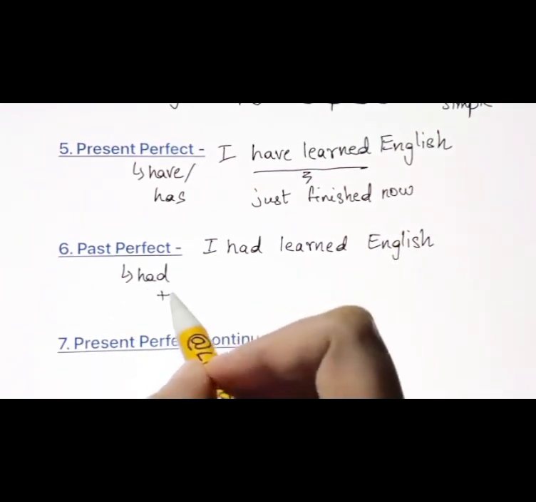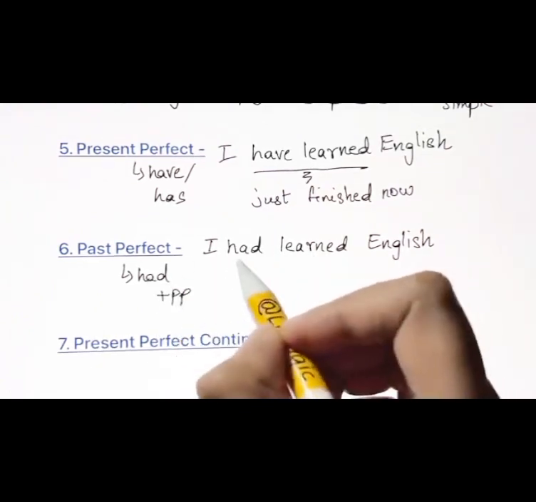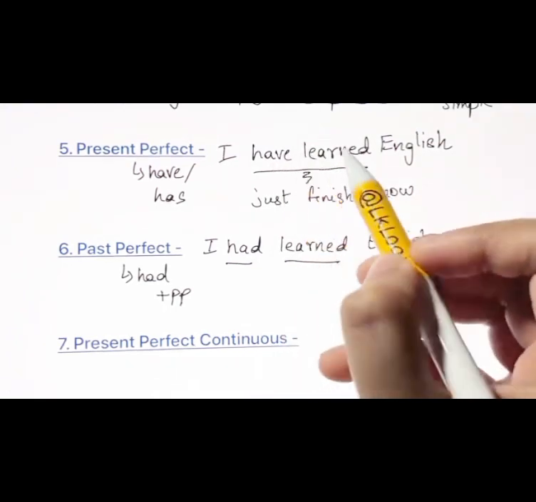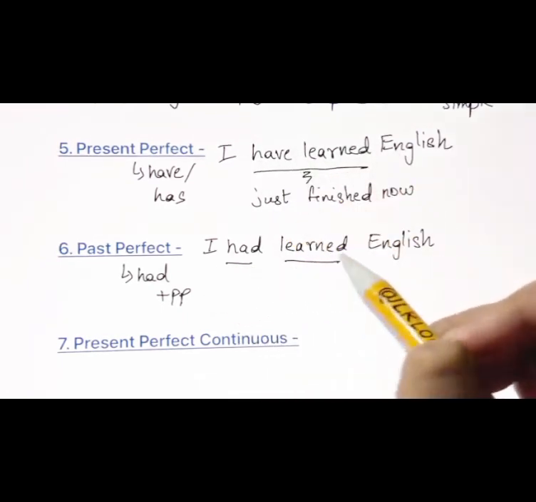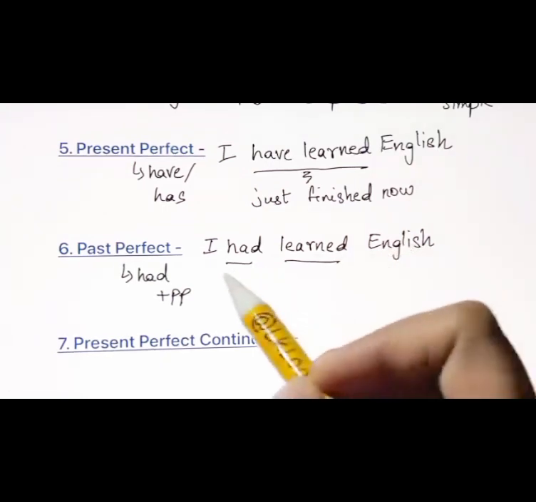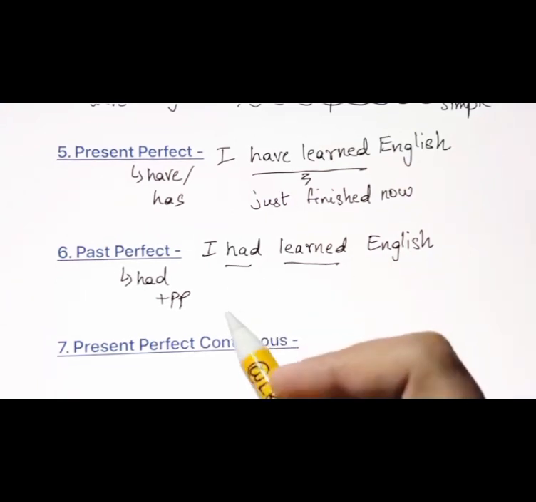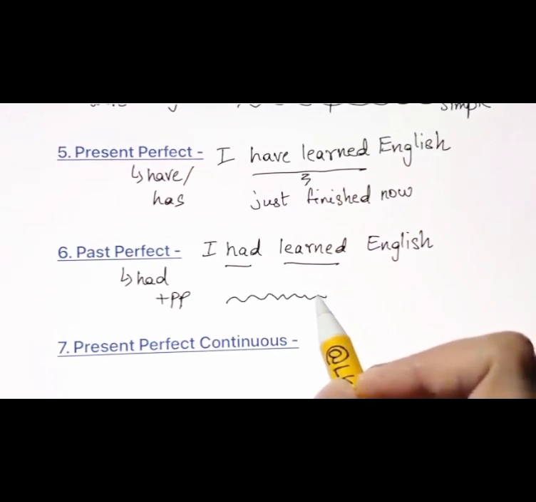So what did you add? Had plus the past participle, right? So what do you add? Had plus the past participle of the verb. Here, have plus the past participle of the verb. I have learned English. I had learned English. That's it. Easy, right? Okay, what do you mean by this? I had learned English means you learned English in the past.